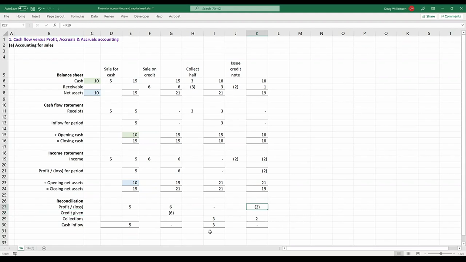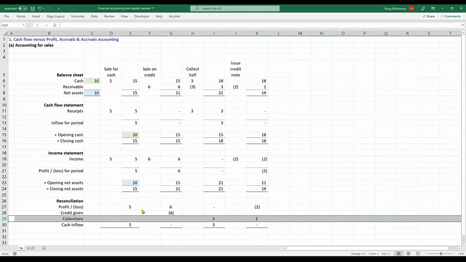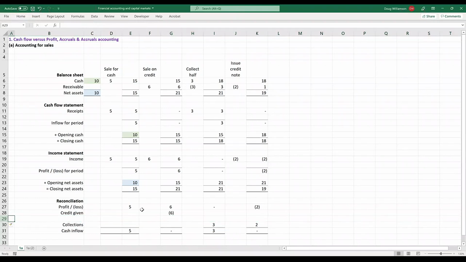However, we didn't have a cash outflow, and the reason is, say, reduction in receivables. So our receivables reduced by 2, being the difference between the opening and the closing.